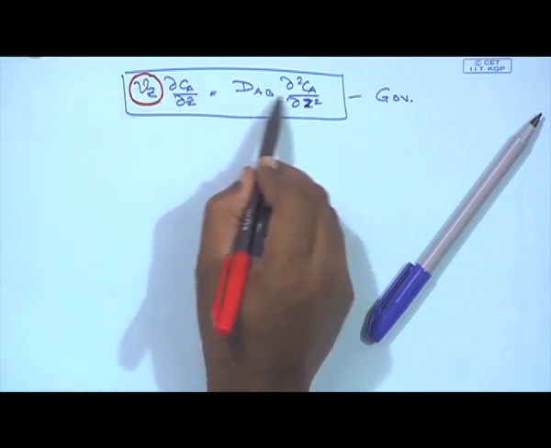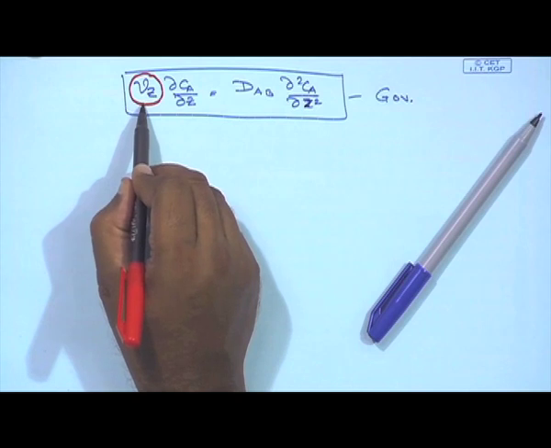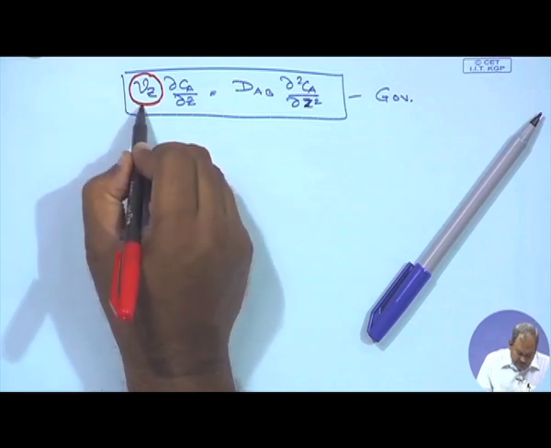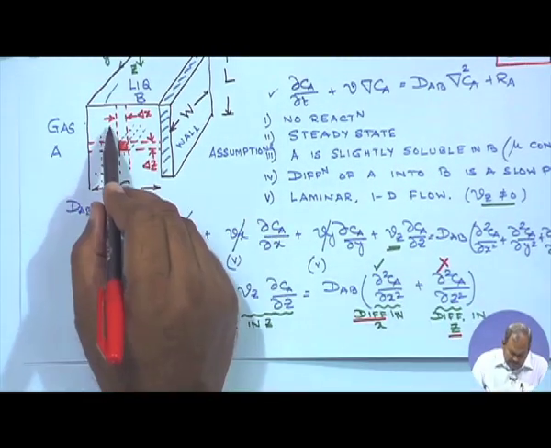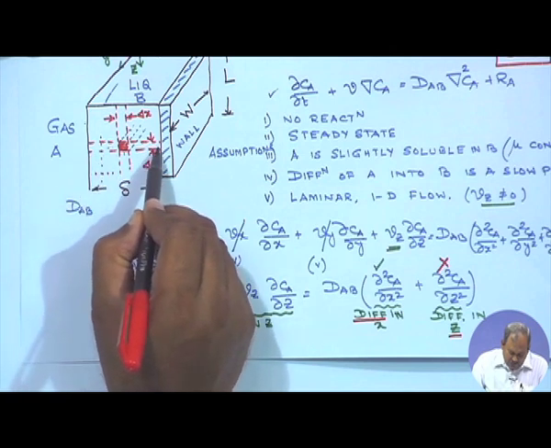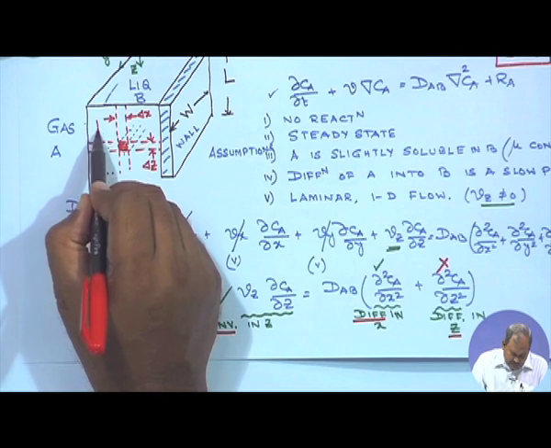In order to solve the problem, the prerequisite is that you have an idea of the expression of Vz from the solution of the Navier-Stokes equation, because you understand in this figure Vz, the velocity in the z direction is going to be a strong function of position.